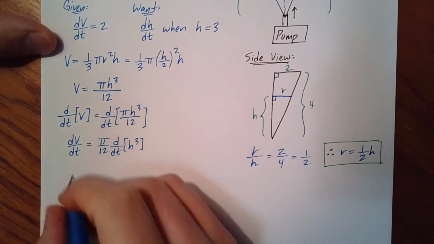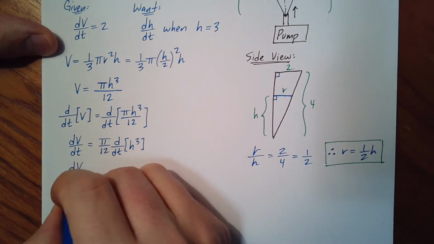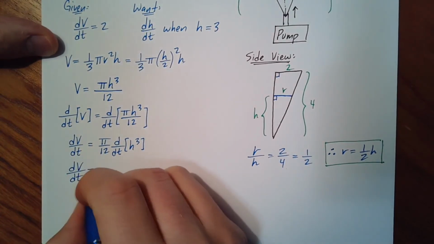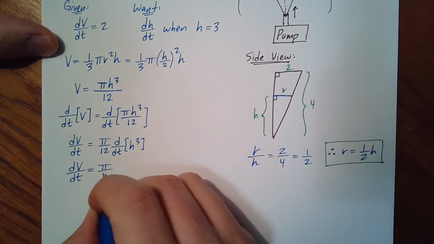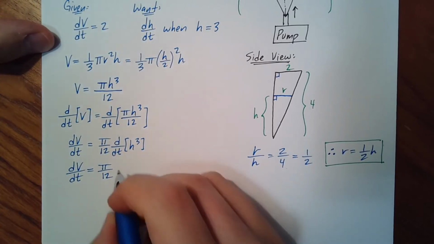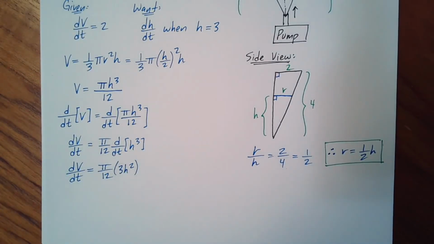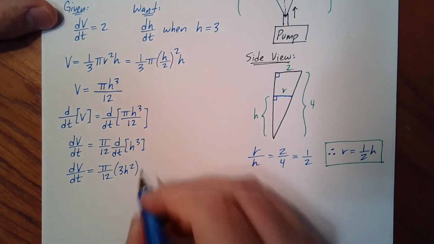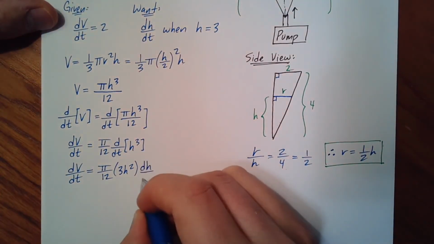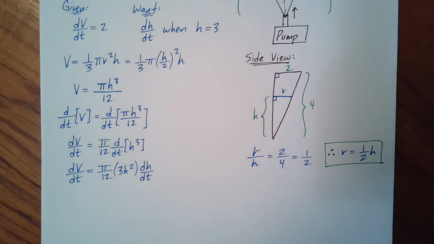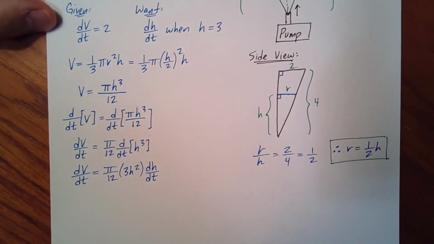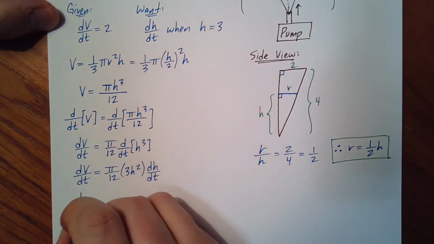So what we're going to get is dV/dt is equal to pi over 12 times 3h squared, that's the derivative of the outside function with the inside function left alone, multiplied by dh/dt. Okay, and if we now clean everything up, what you're really going to get is dV/dt.